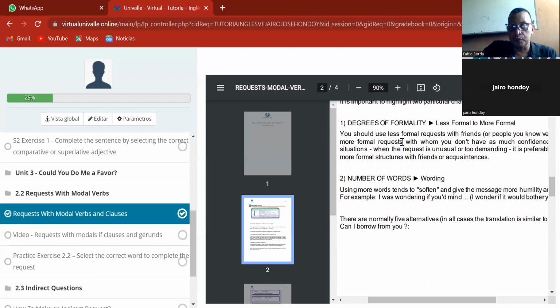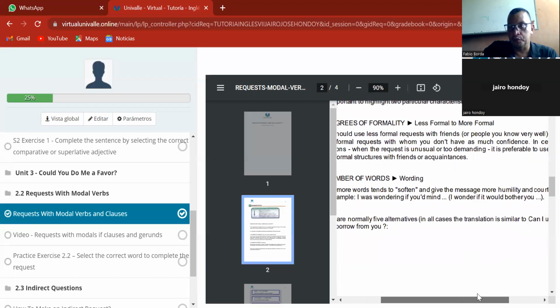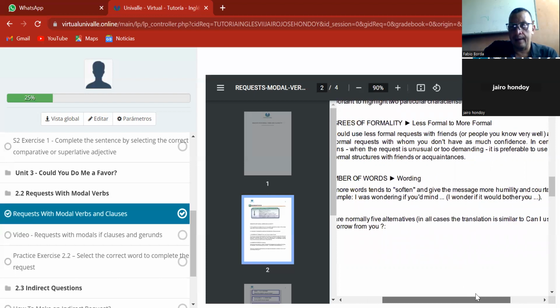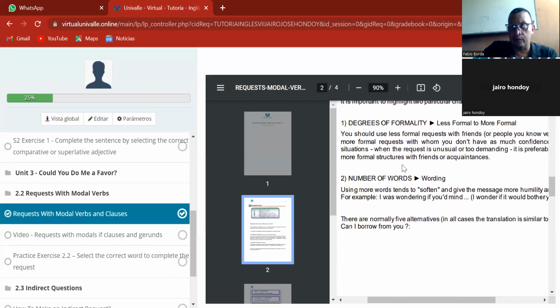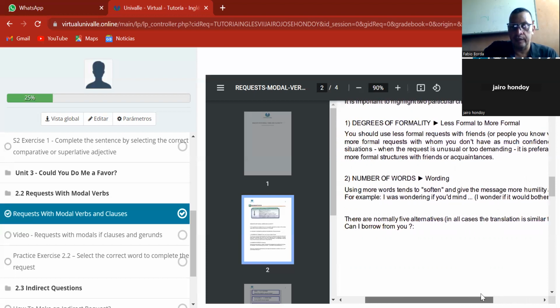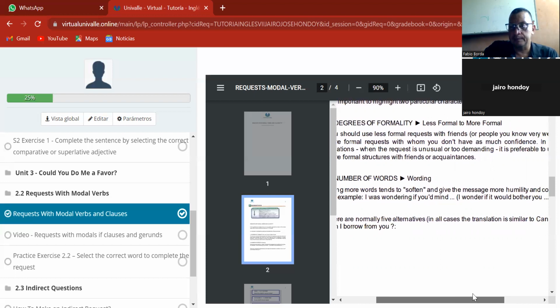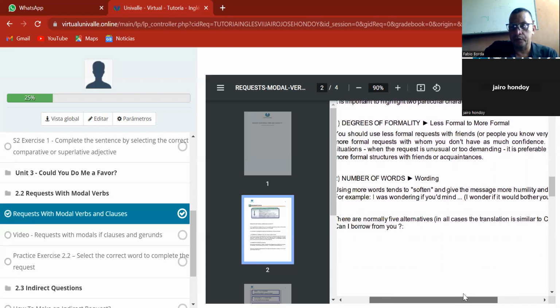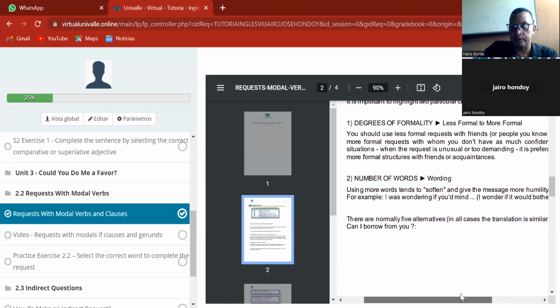You should use less formal requests with friends or people you know very well, and more formal requests with people with whom you don't have as much confidence. When the request is unusual or too demanding, it is preferable to use the more formal structure, even with friends or acquaintances.